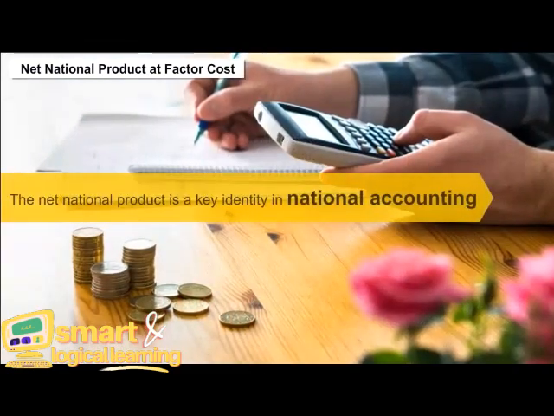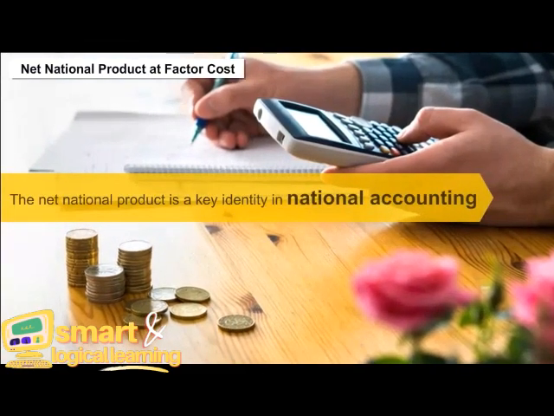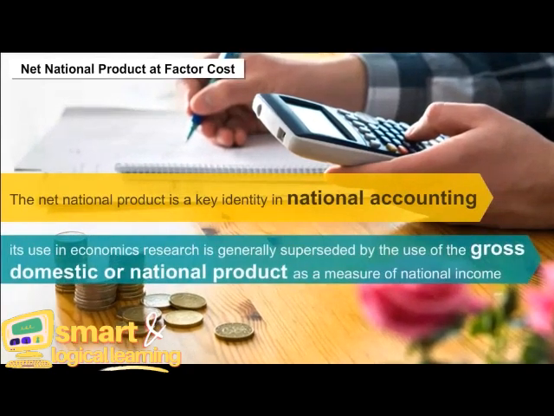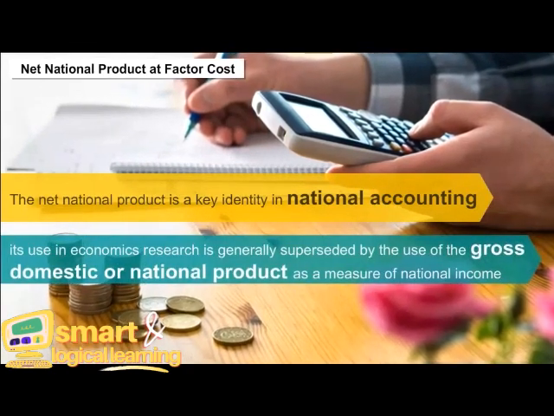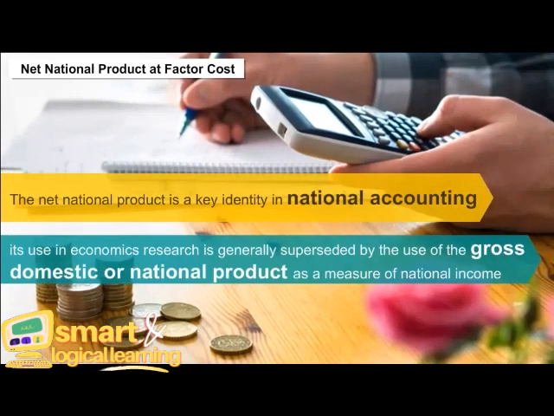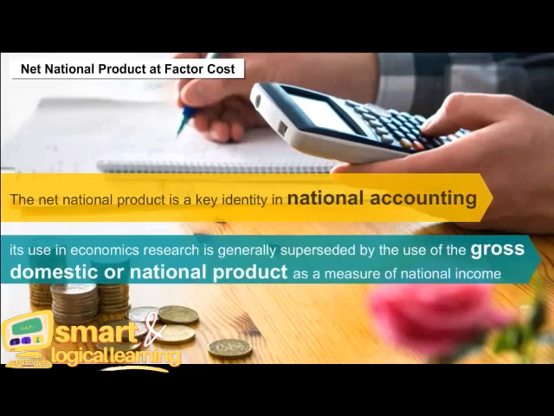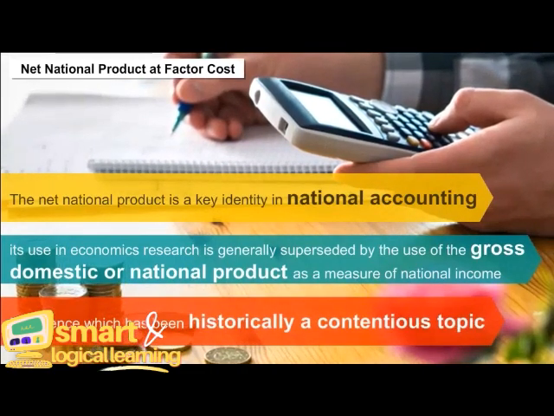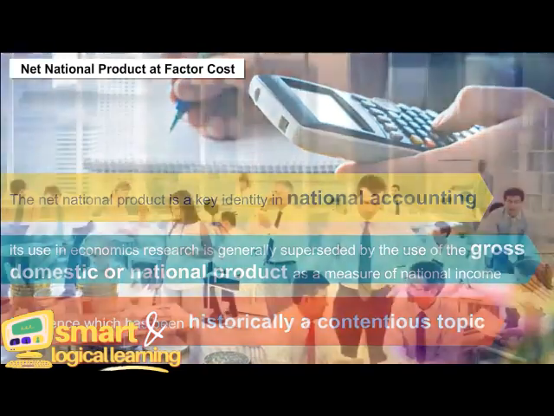The net national product is a key identity in national accounting. Its use in economics research is generally superseded by the use of the gross domestic or national product as a measure of national income, a preference which has been historically a contentious topic.